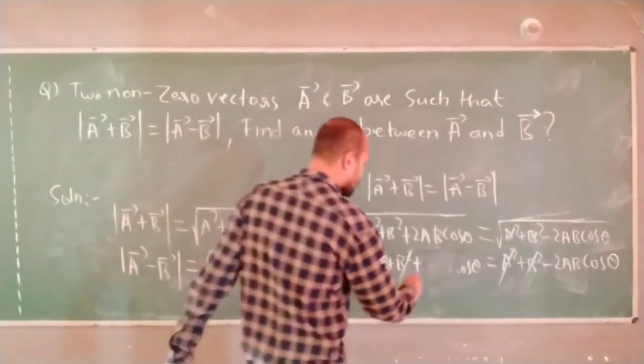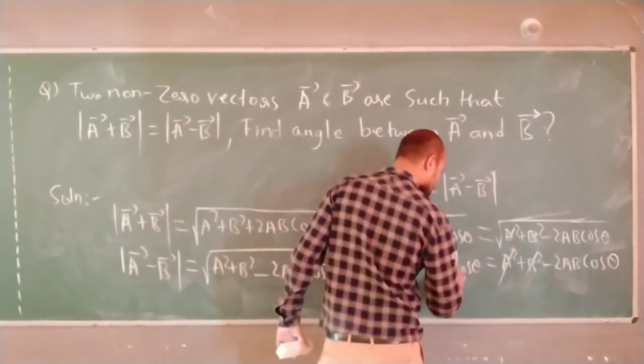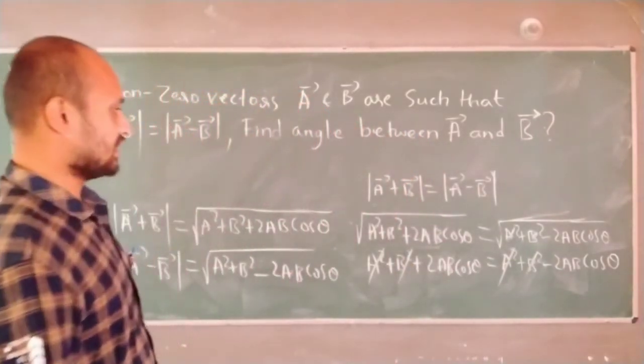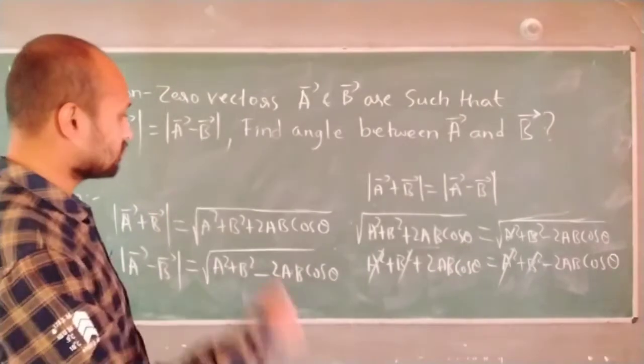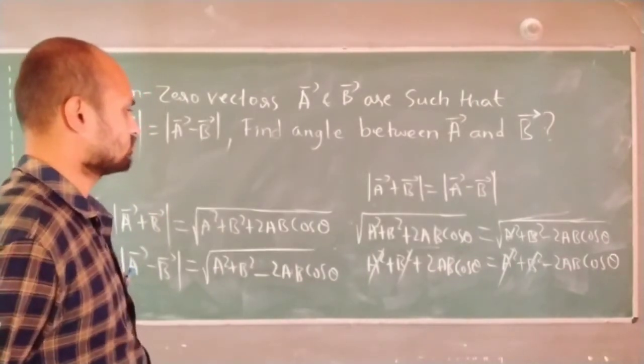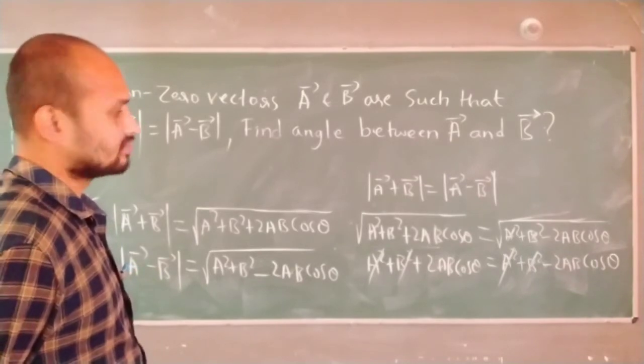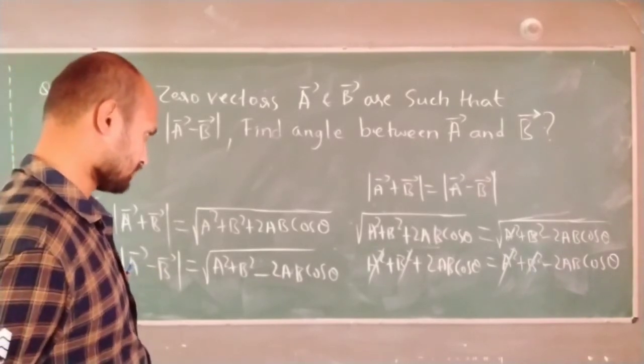What is remaining? 2AB cos theta and minus 2AB cos theta.